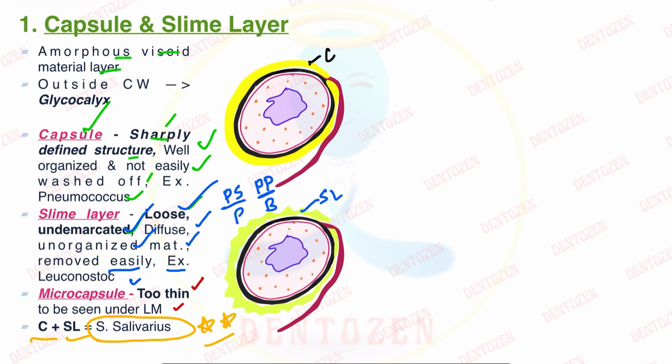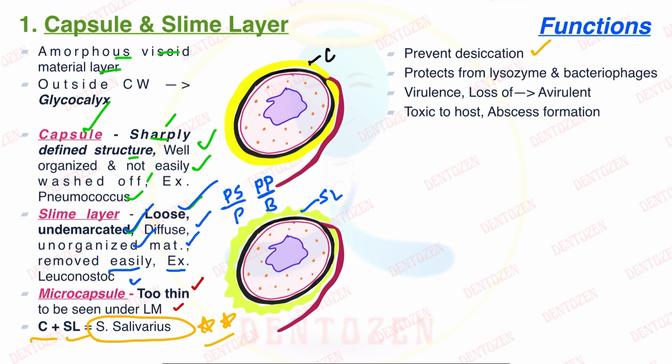Now, why do these bacteria have capsules? What are the functions of these capsules? So, they prevent the desiccation of bacteria. They prevent their drying. They also protect bacteria from the action of certain enzymes like lysozymes and from bacteriophages. Not only that, they give virulence to bacteria. Their damage causing ability can be due to capsule. So what happens if there is a loss of capsule? Bacteria can become avirulent.